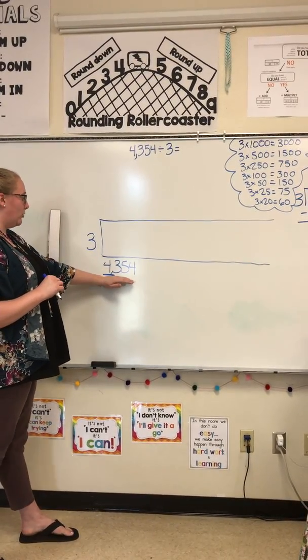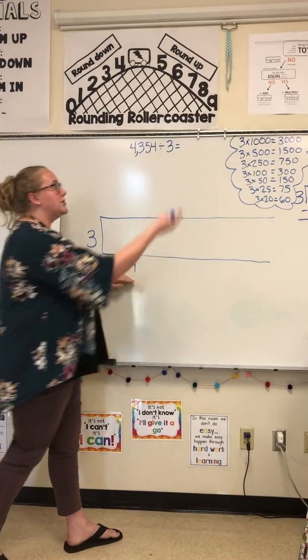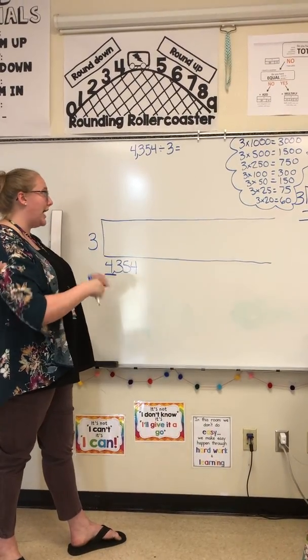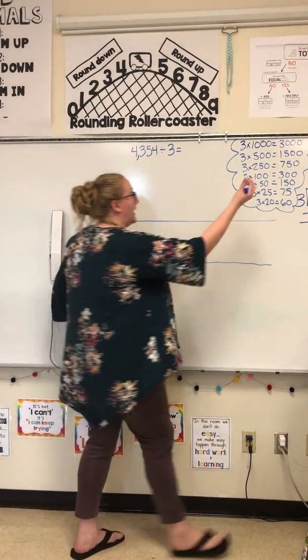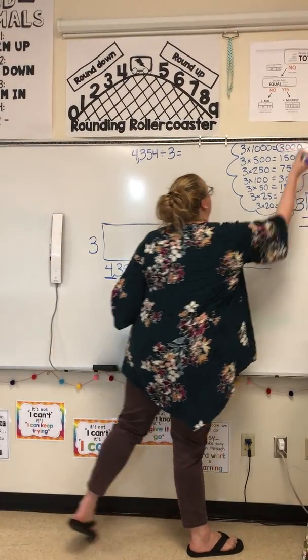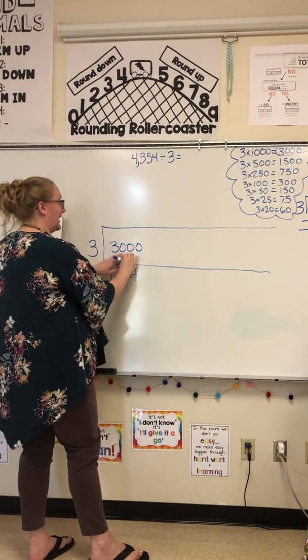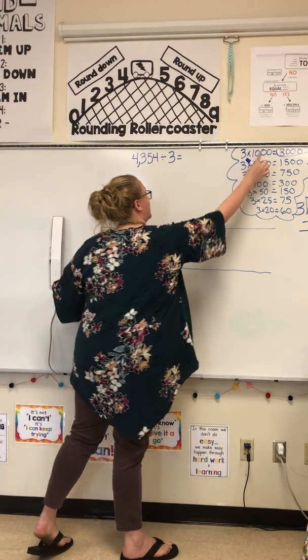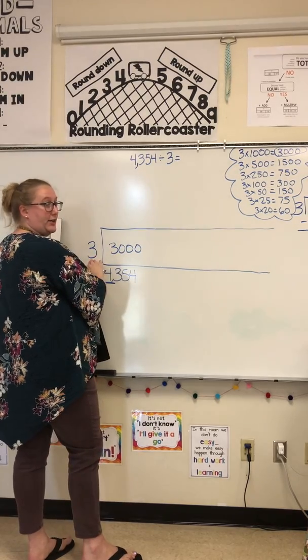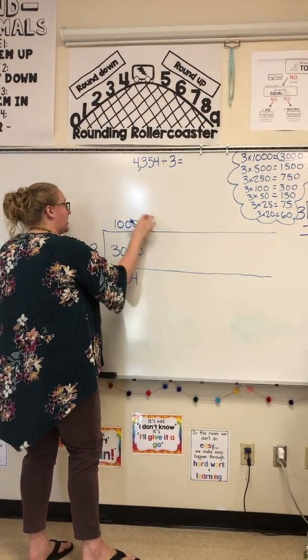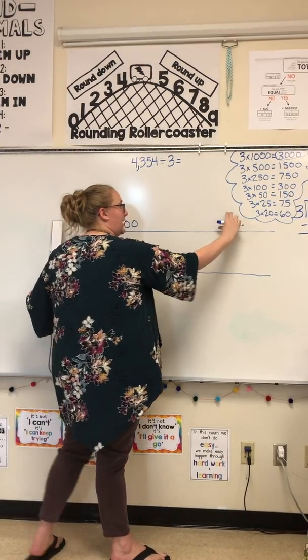If I'm looking at 4,354, which of my friendly numbers can I subtract to take the largest chunk out of my dividend? Well, I can use 3,000, so I'll put 3,000 here. How did I get 3,000? 3 times 1,000, so my 3's already here, times 1,000, and this ends up being part of our answer. So our quotient will be up here.